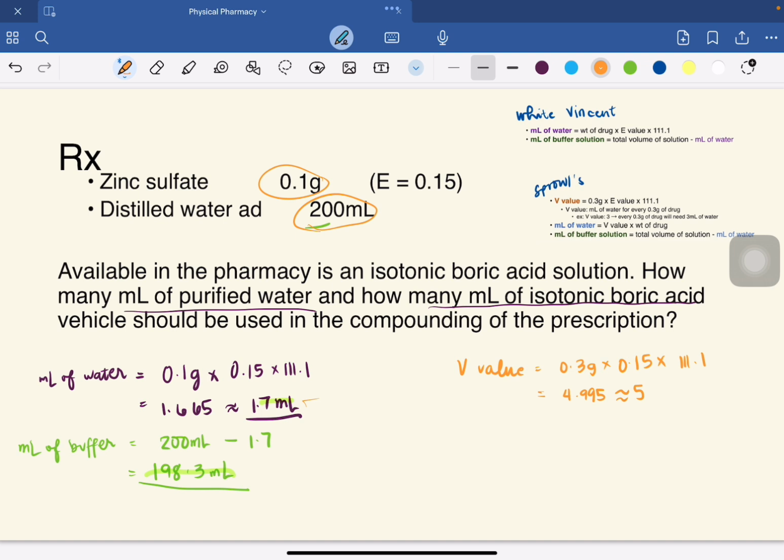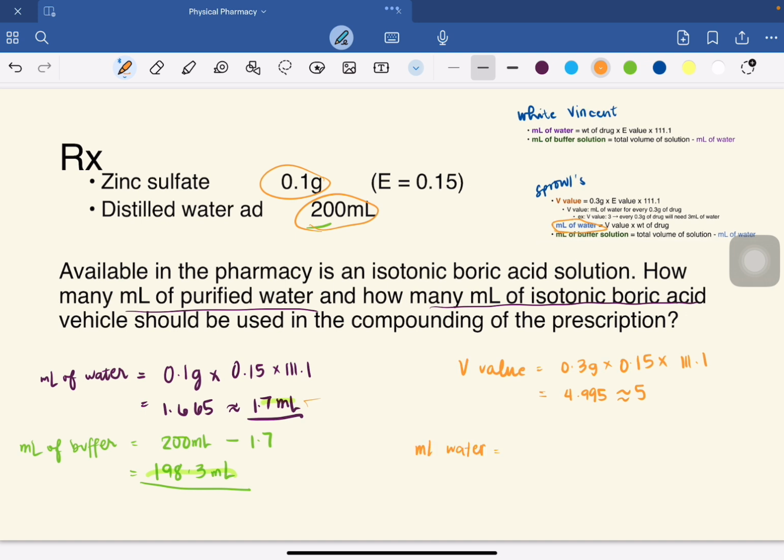We can use this information to calculate the volume of water. So for the volume of water, we will need the weight of the drug, which is 0.1 grams, times the V-value. So remember that the V-value in this instance is 5, meaning that for every 0.3 grams of the drug, this will require 5 ml of water.